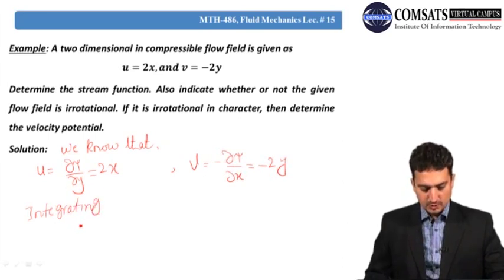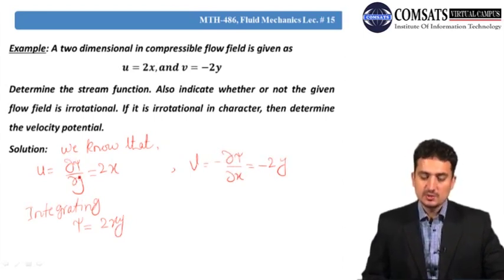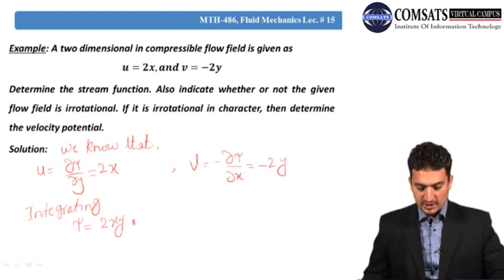integrate करेंगे जब दोनों को, तो from this we get psi is equal to 2xy, but since we are partially integrating with respect to y, so we'll get a function of x instead of a constant.